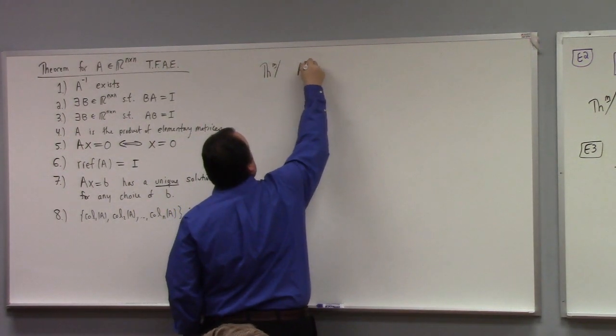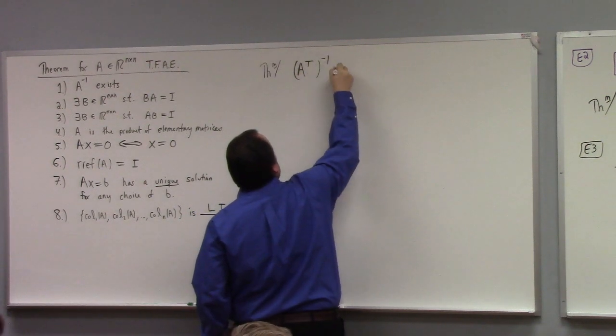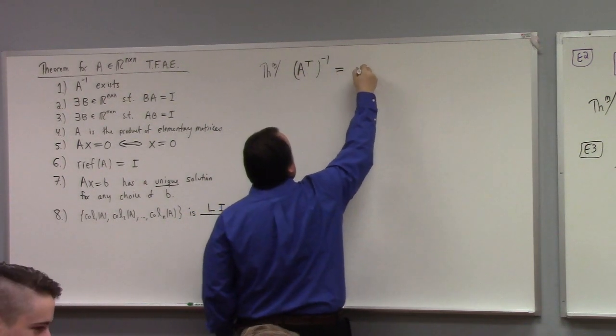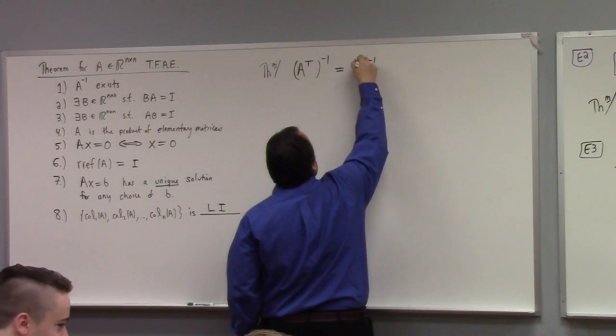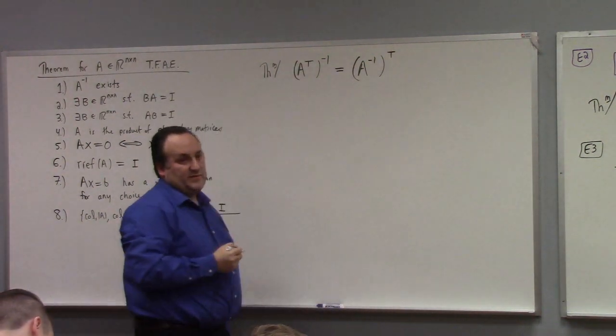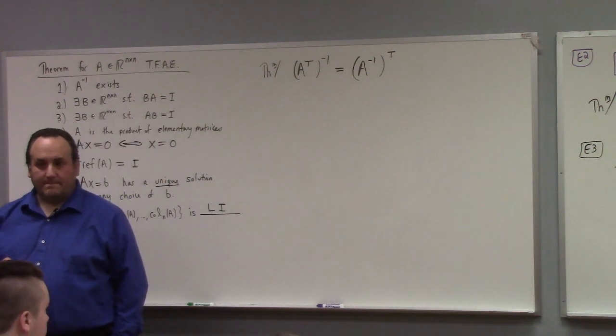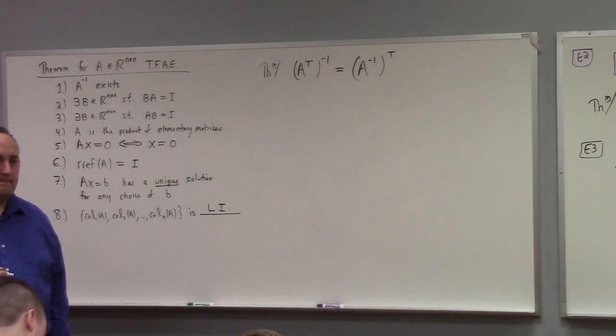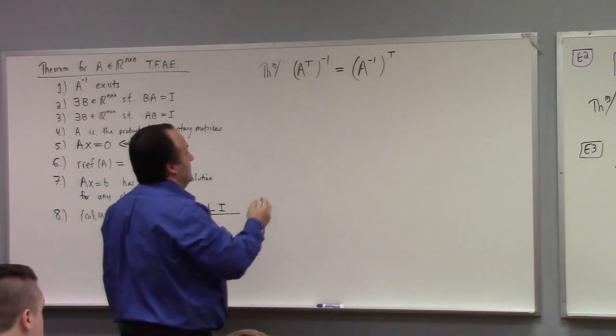And so here's the theorem. A transpose inverse, watch it, is equal to A inverse transpose, supposing that the matrix is invertible. All right, let's see why this is true.